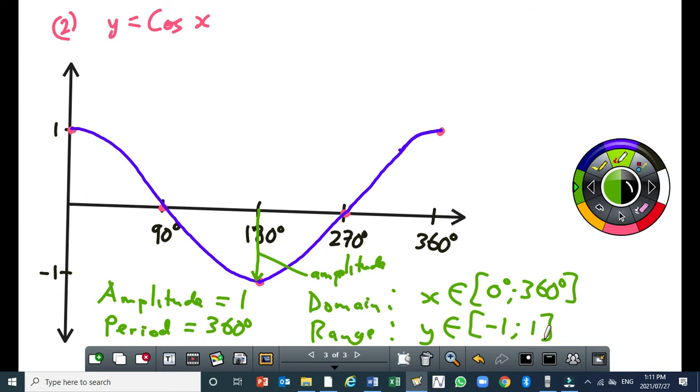We're going to move them up and down, that's grade 10. Then we'll move them to the left or to the right. And then we also compress them in grade 11, whereby we decrease the period from 360 to say 180 degrees. I'll talk about that from tomorrow.